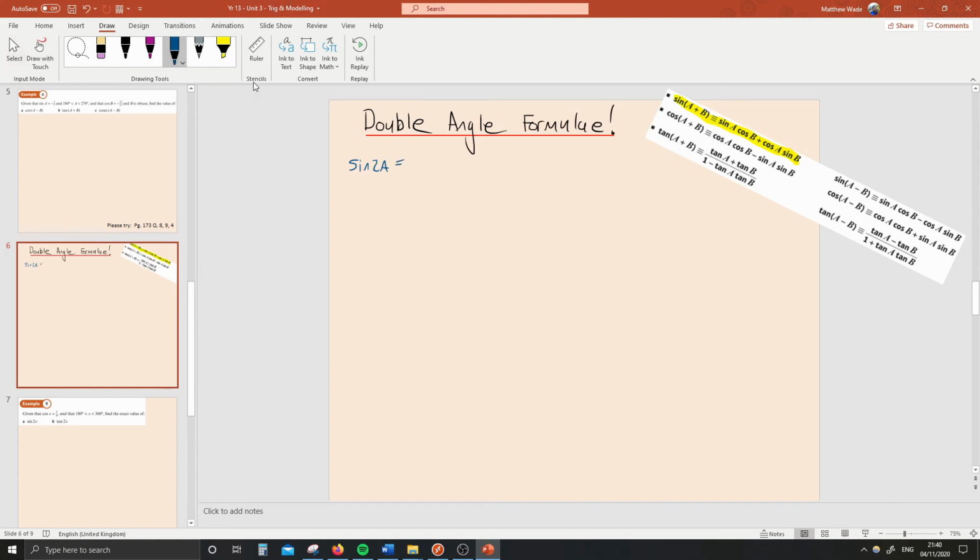I'll get sine A cos A, sine A cos A, because the B's just got swapped for A's, plus cos A sine A. Which, by Jove, if you haven't spotted it, are exactly the same term twice. So it's 2 sine A cos A. Boosh! Your first double angle formula.